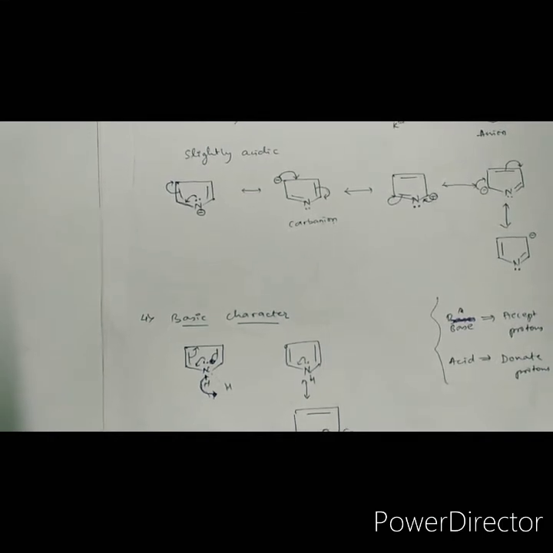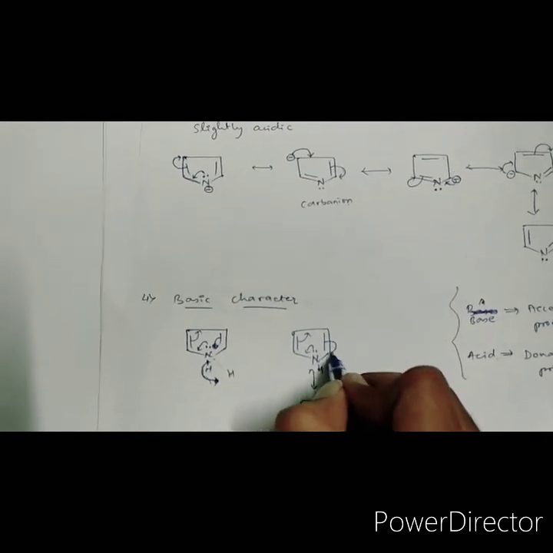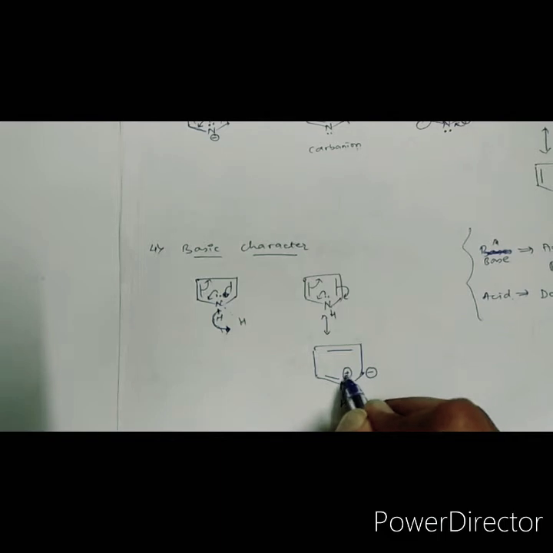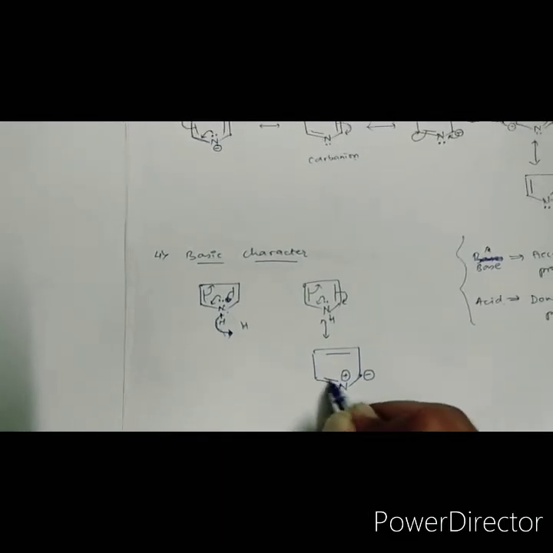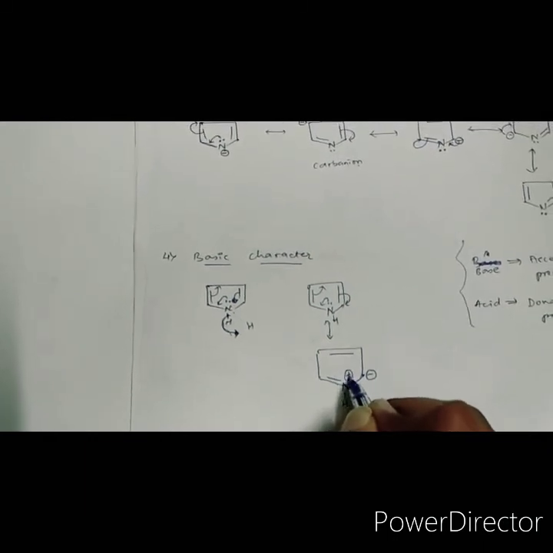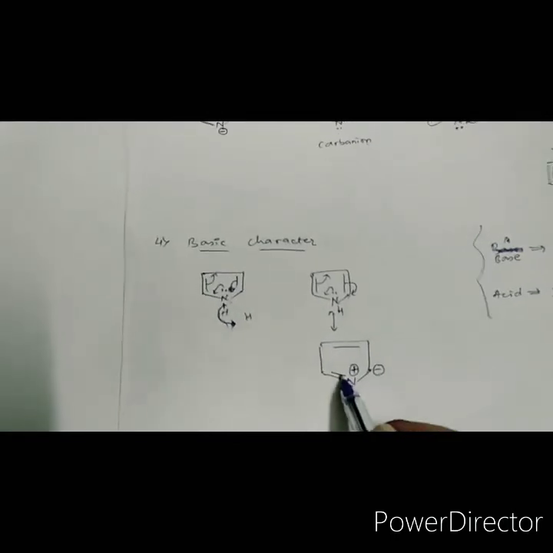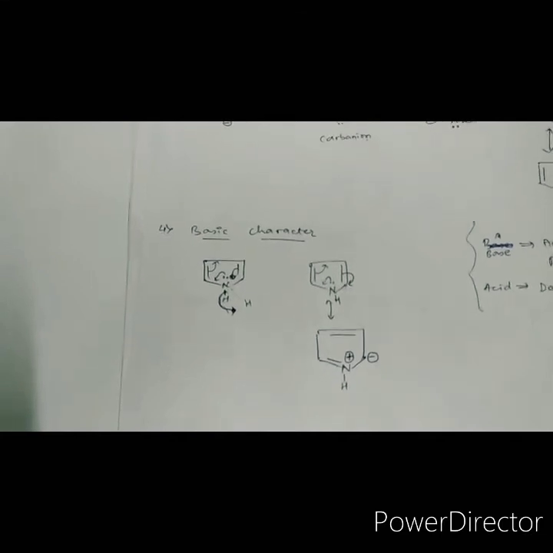You can see here it undergoes delocalization. So a negative charge is being developed on the carbon, while the lone pair of electrons on the nitrogen are delocalized and form a new bond with the carbon, that is a carbon-nitrogen double bond, and there is generation of positive charge on the nitrogen. We know that nitrogen has only 3 valencies and it forms only 3 bonds.